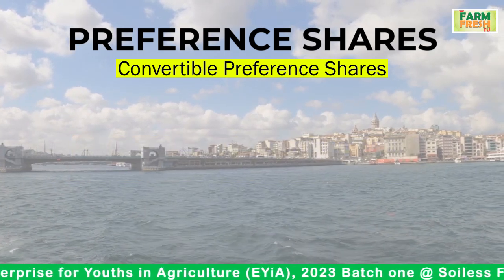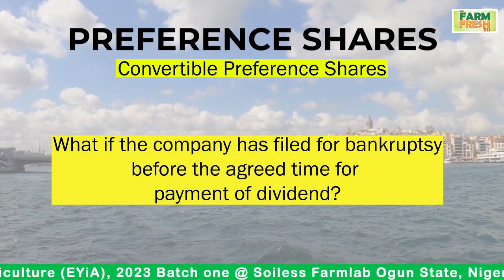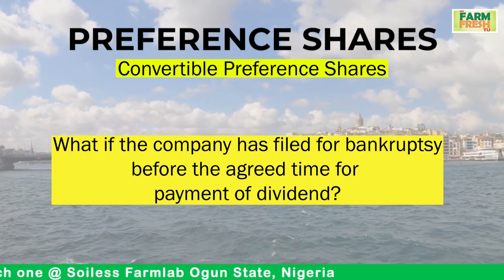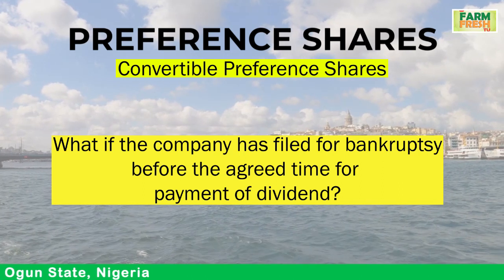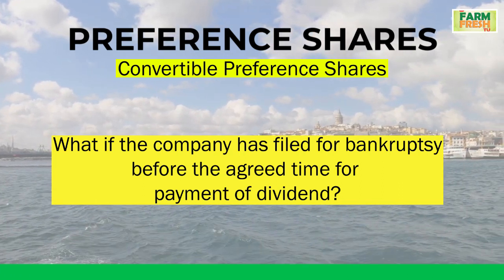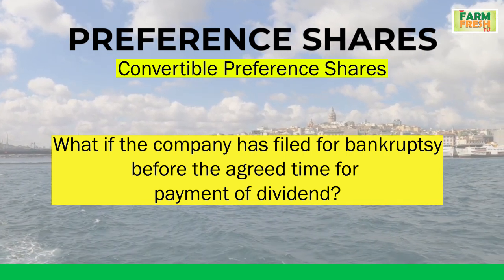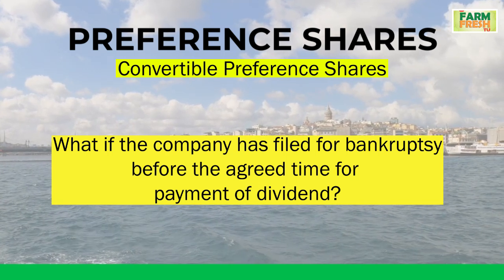Before that, 5 years or 10 years, the company has filed bankruptcy. What's the law? If you file bankruptcy, nothing they get. Bankruptcy means the company is dead. Where do you want to draw money from? Your money has gone.